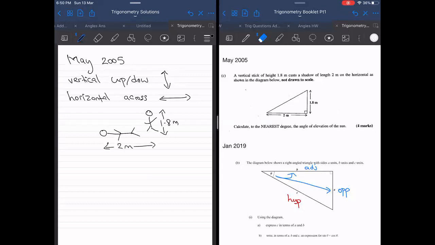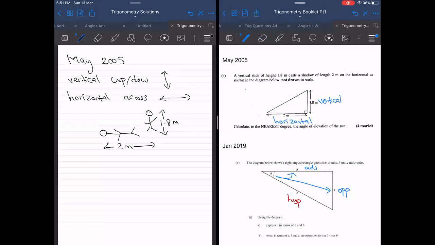It's a stick, but I'm using a person so you can envision you standing up and I see your shadow on the floor, on the horizontal. So this is talking about the vertical, and this is about the horizontal.